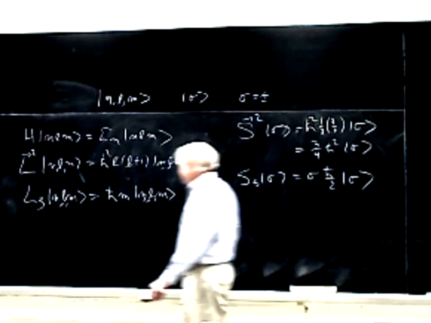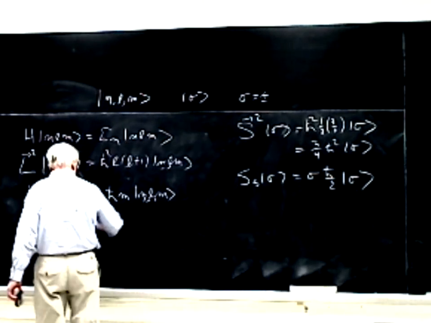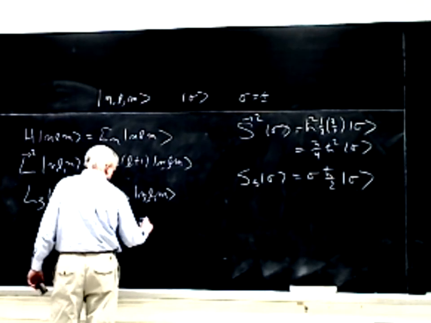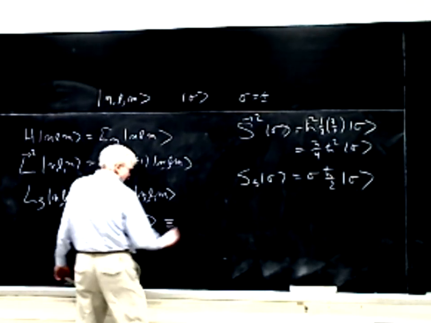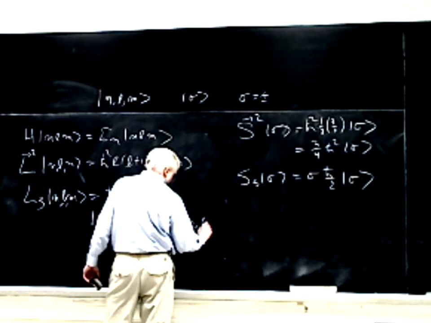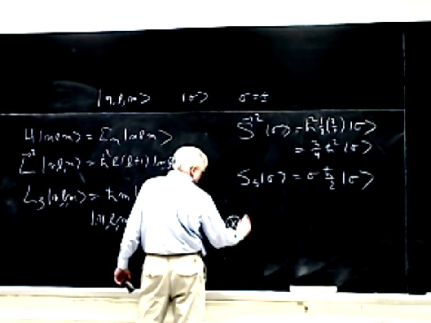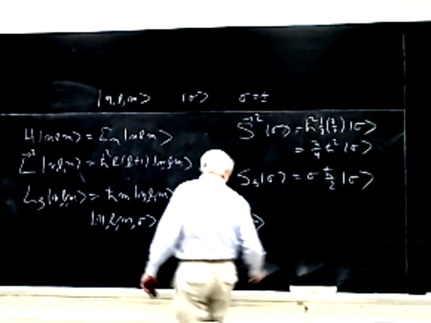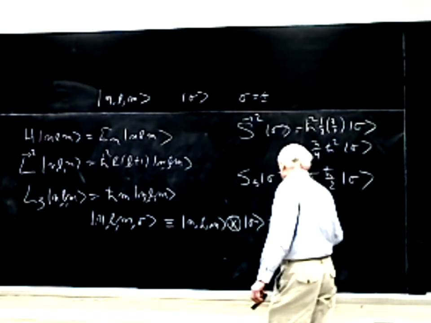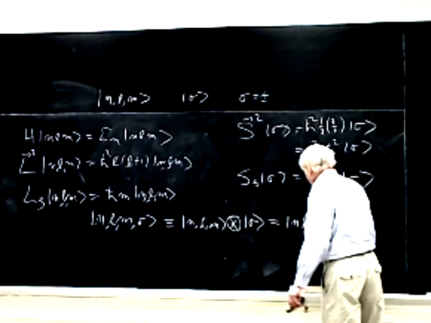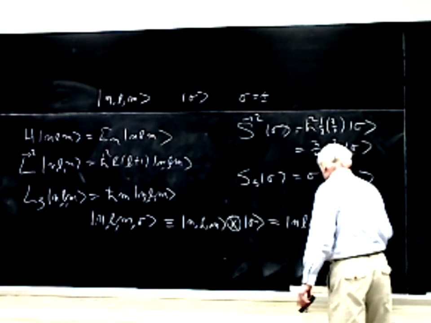Now what you can do is you can define the direct product states, |nlmσ>, which are the direct products of the states |nlm> with |σ>. And sometimes one writes that simply as |nlm σ>.